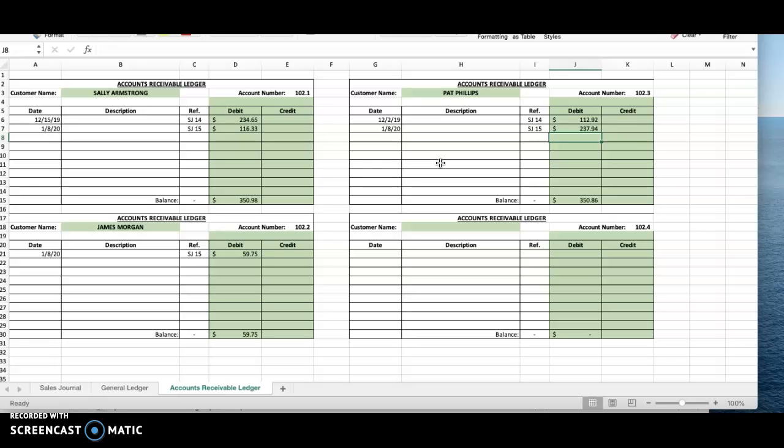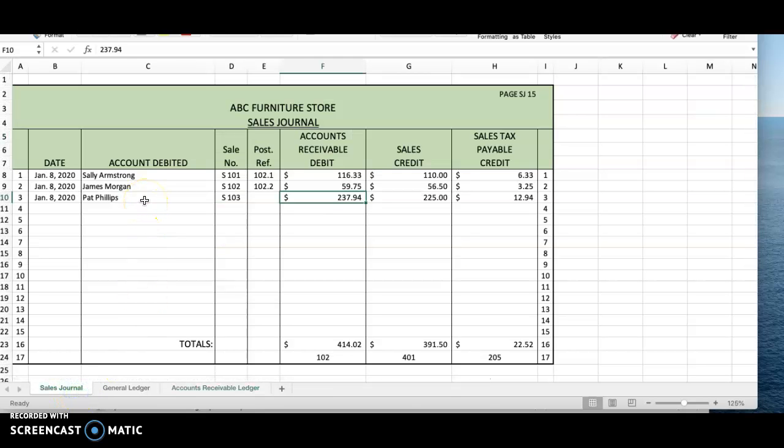And once again, as I said in a previous video, this is a company that sets up its own charge accounts with its customers. So these are not credit card sales. These are charged directly to the account in the ABC Furniture Store company. So we have to not only record all this, keep track of all these customers, and there could be many more, but eventually we have to collect from them as well. There are advantages and disadvantages to this, but this is how it's set up for the ABC Furniture Store.